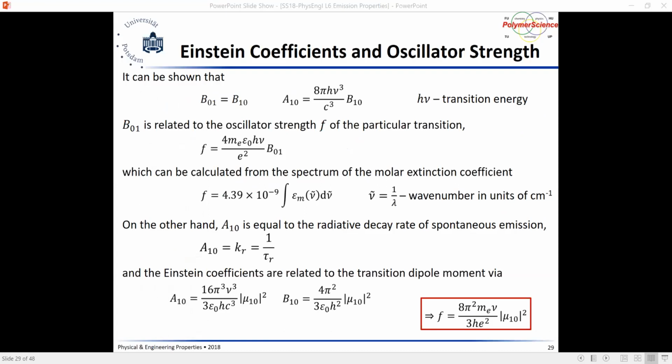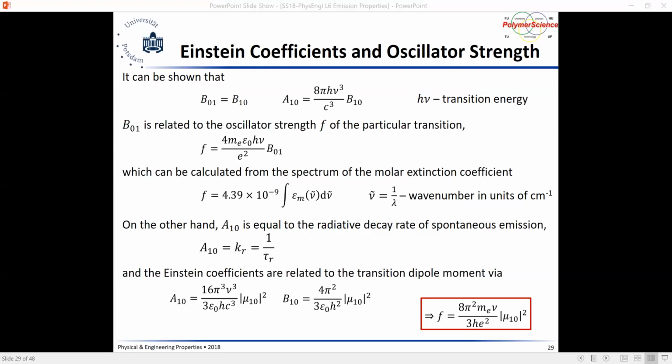From this, we can go further and talk about oscillator strength. So far I have only casually described what an oscillator is, and I mentioned the word oscillator strength. Now we get to see what it really is.